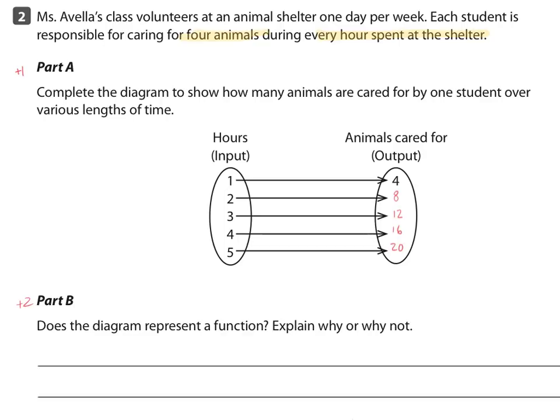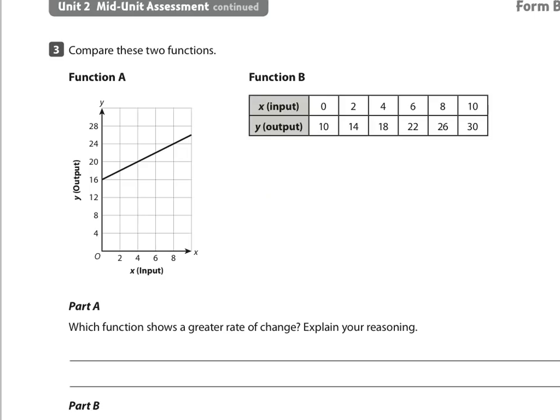Let's move on to the next part. For this problem, we're going to be comparing 2 functions. We already know that they're functions because right here, they tell you that they're functions. Now, when we're comparing functions, we're looking for two things.